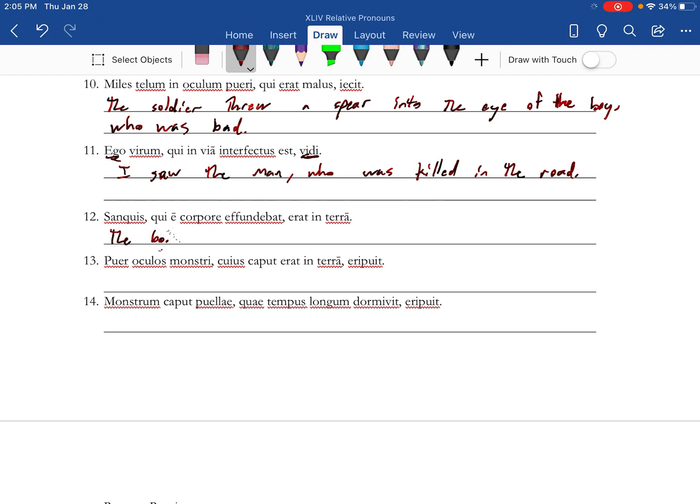The blood, which was flowing out of the body or pouring, was on the ground.